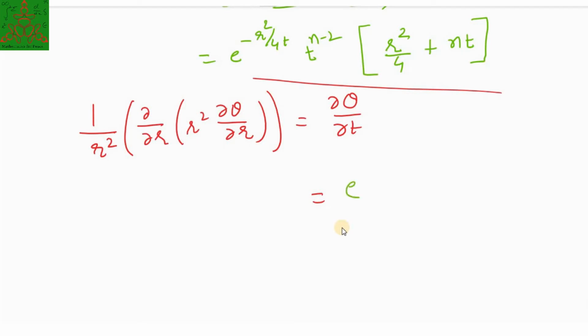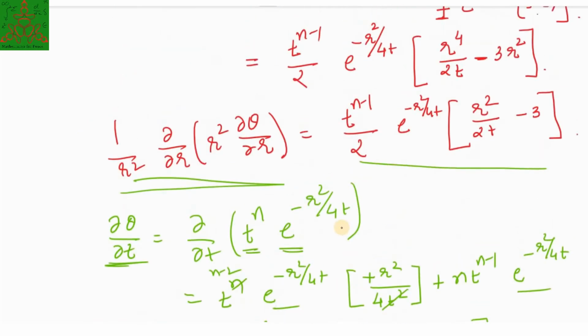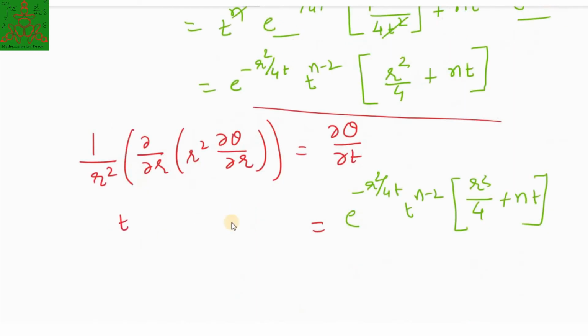That is e power minus r square upon 4t, t power n minus 2, r square upon 4 plus nt, and this side we have calculated here. So let us write that down. That is t power n minus 1 by 2 e power minus r square upon 4t into r square upon 2t minus 3.